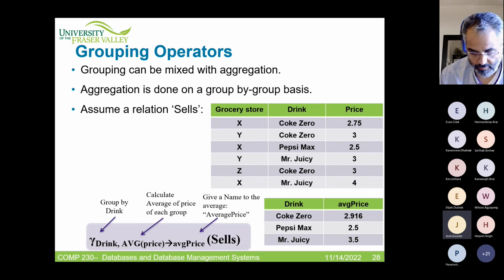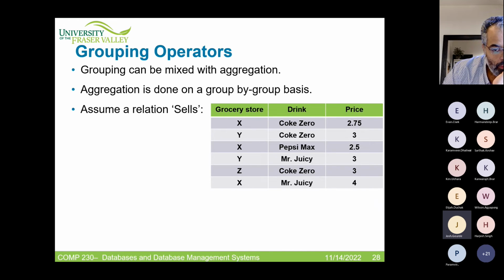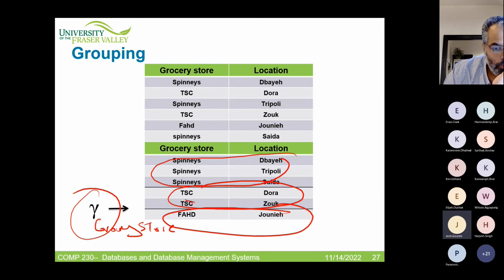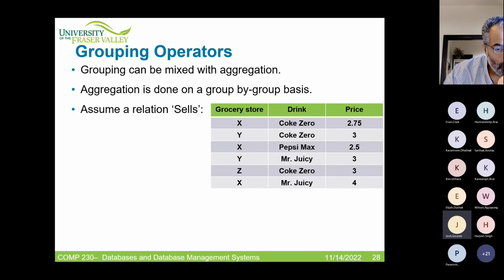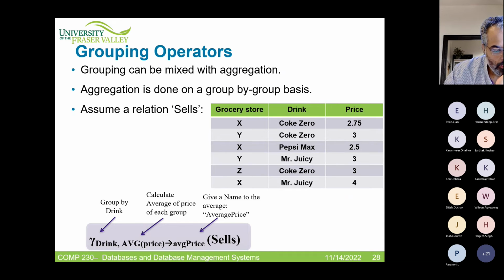I'm just curious because I know in the last one, when we grouped by grocery store, we didn't get rid of anything. So is it just because you said average price there? Yes, because there we didn't calculate any aggregation function. But here we have an aggregation function.